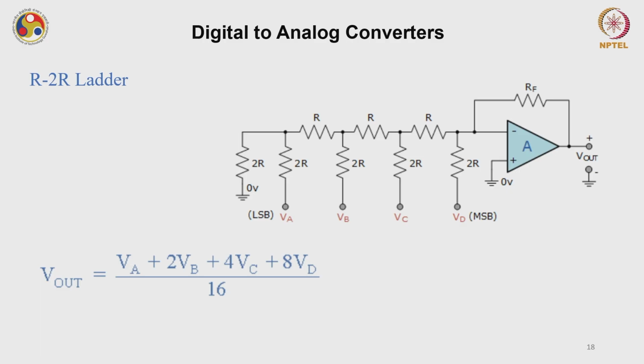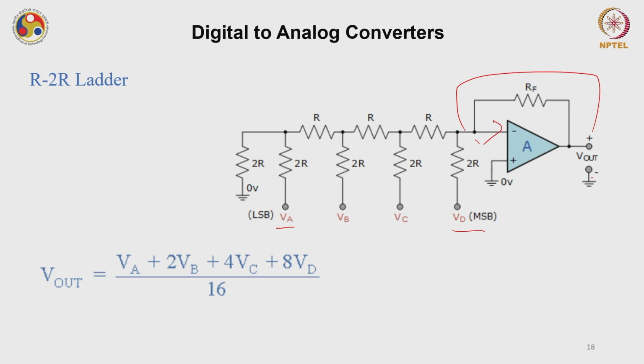Then there is an R2R ladder kind of structure, or R2R DACs. You can see the reference DAC structure where this value is the MSB and VA is the MSB. We have seen the op-amp working as a simple feedback structure when I am giving input through the inverting terminal.